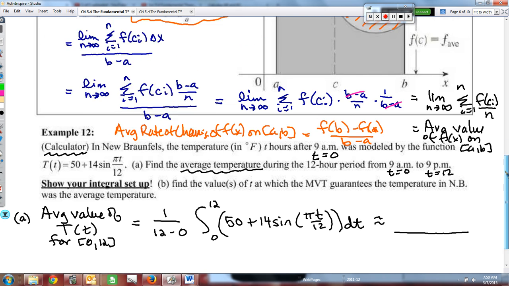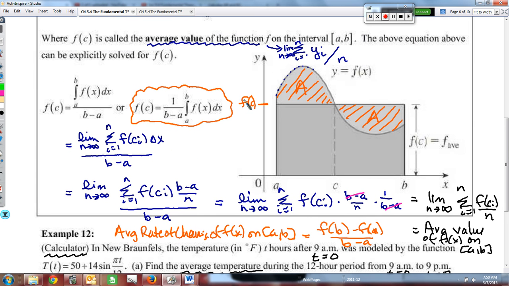And if we look back at our picture up here, where I'm shifting this area from here to here, there has to be a point in time, a c value, at which the actual height on the curve is the average value. That should make sense, that the average value has to fall somewhere in this interval.